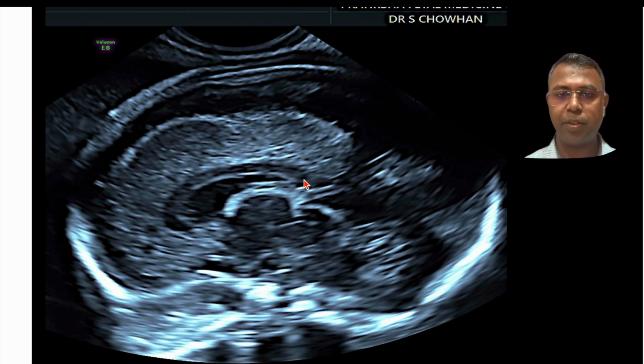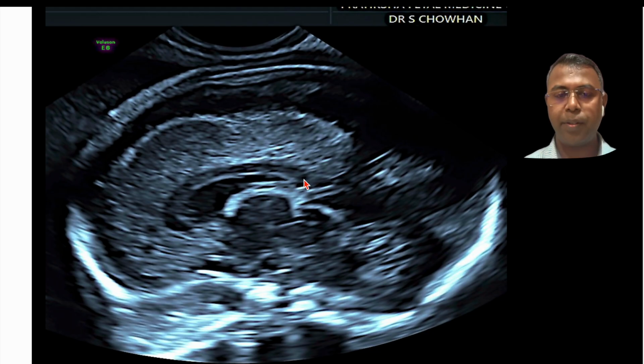Also, in cases where the mother had a history of callosal abnormality in the last pregnancy, and in this pregnancy, after coming to you at NT scan, she is asking whether, doctor, you can tell me whether the corpus callosum will be normal or not.